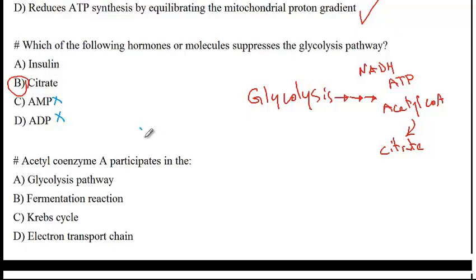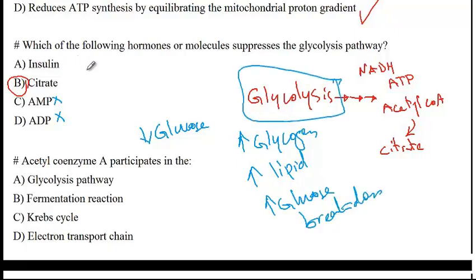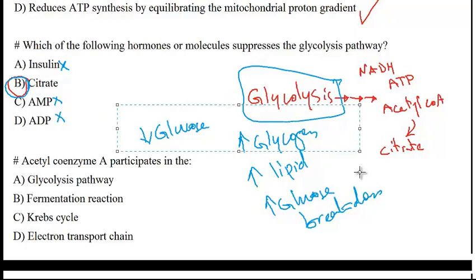Well, the function of insulin is to decrease the blood glucose concentration by any means possible: increase the glycogen synthesis, increase the lipid synthesis, or increase the glucose breakdown, which is glycolysis. So insulin will enhance glycolysis, it won't suppress it. So that is also the incorrect answer. And so choice B is the correct answer here. All right, next question.